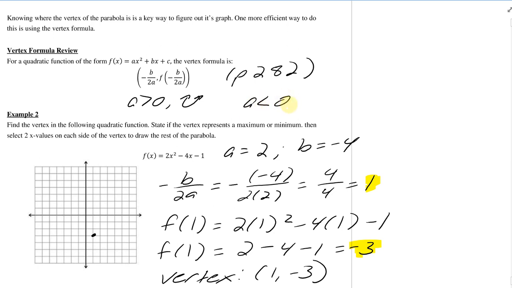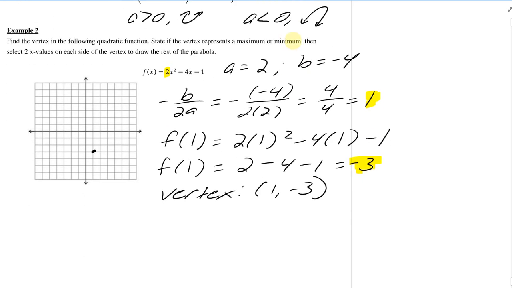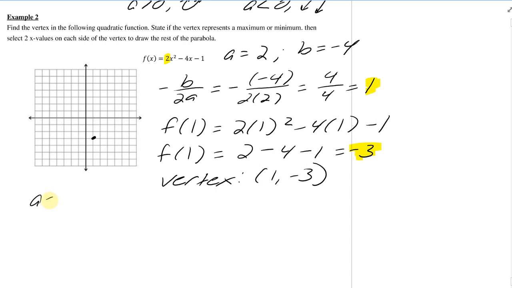If a is less than 0, then the parabola opens down, and from there you can figure out whether you have a maximum or a minimum. This is a nice little visual to help you. In this case, my a equals 2, so the parabola will open up.